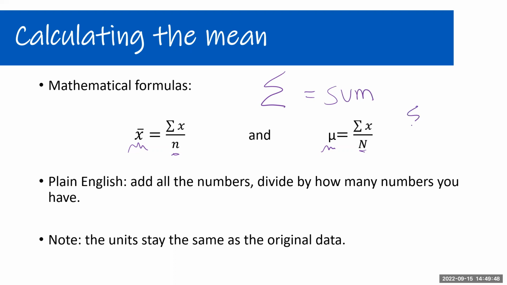So for these, sum of X means add all of your X values. Basically, these fancy looking formulas are just telling you, hey, add all your values up and divide by how many of them you have. Your units for the mean will always stay the same as the original data. So if you're talking about inches for height, then your average also is inches.